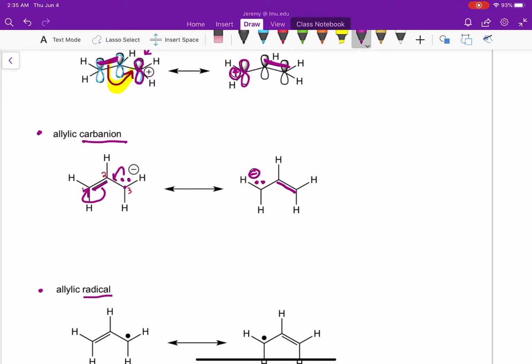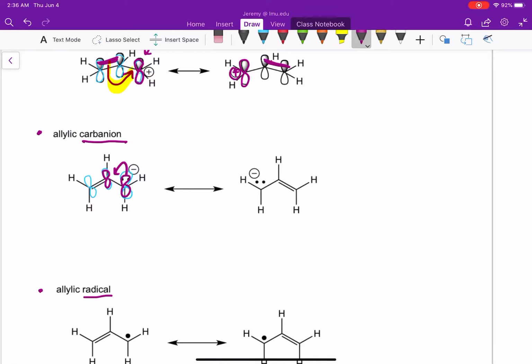All right. If we look at an orbital view of this, let's draw in our orbitals. Again, we have a pi bond. That's a bond between two p orbitals. Now I have a lone pair, right? That's in a p orbital as well. So here, this lone pair becomes a bond between these two p orbitals.